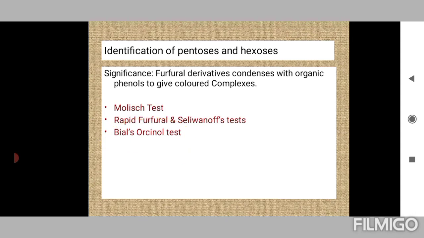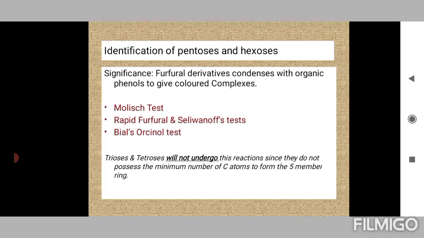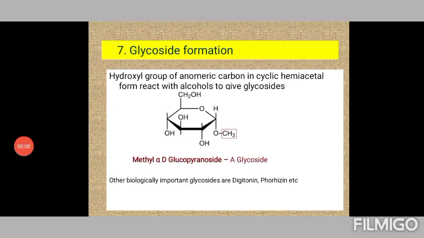So for all these tests, the basis is furfural formation. And trioses and tetroses obviously will not undergo such reactions, and they cannot be detected using this type of tests, for example the Molisch test.